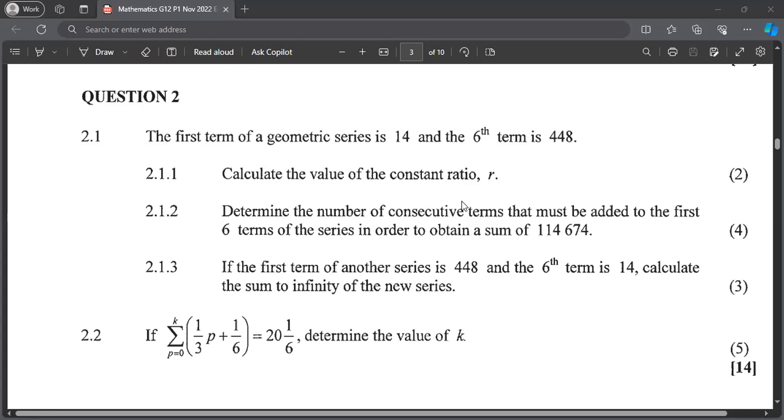So the question we need to ask is, what is k? K is not the number of terms, but instead, it's the last value we substitute when expanding this series. Very important. But in order for us to get the value of k, we need to go to the number of terms.